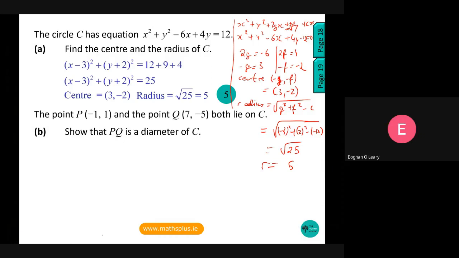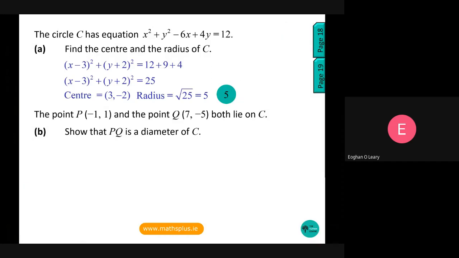Okay. So let me clear the board here for a second so we can continue on. We're given this information that P and Q are both on C, and it says show that PQ is a diameter of C. There might be different ways to do it.